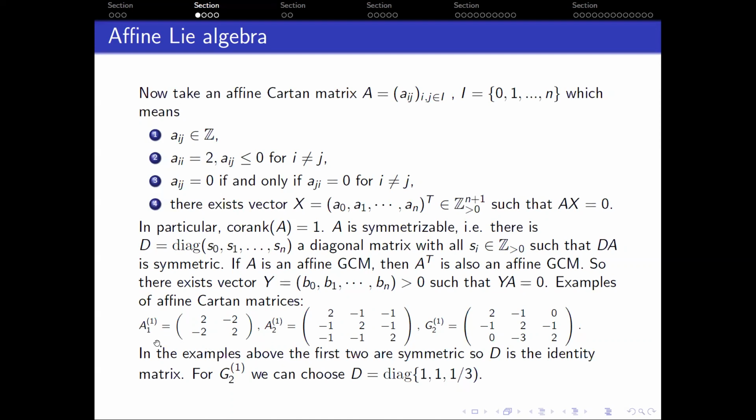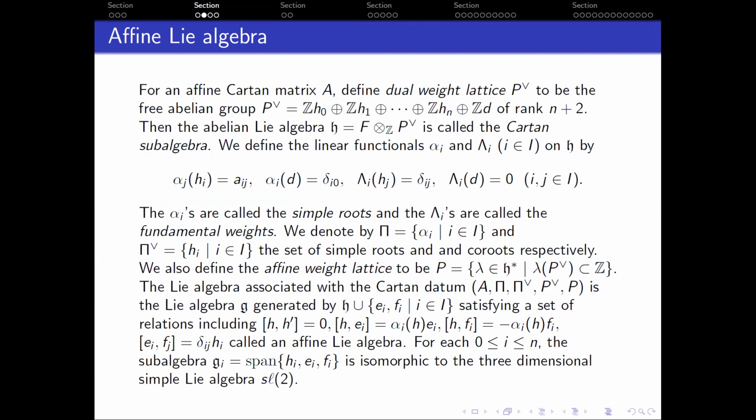Now, of course, A11 and A21 are already symmetric, but observe that G21 is not symmetric, but if we take the diagonal matrix to be 1, 1, 1/3, D times this matrix is symmetric. So any Cartan matrix is symmetrizable.